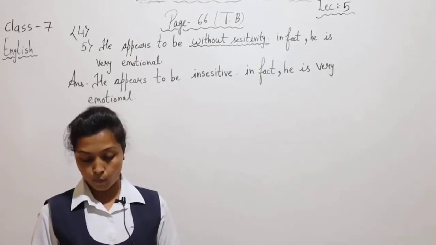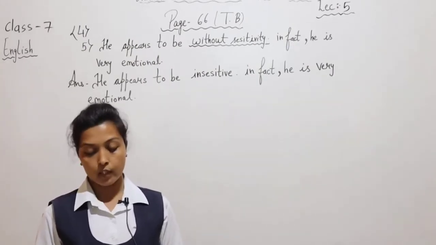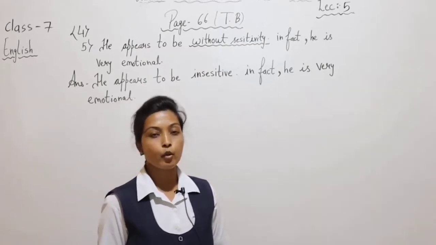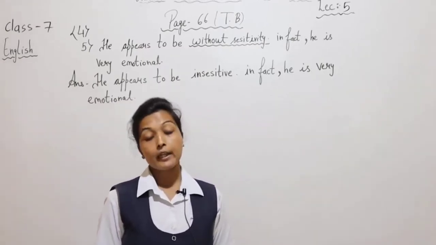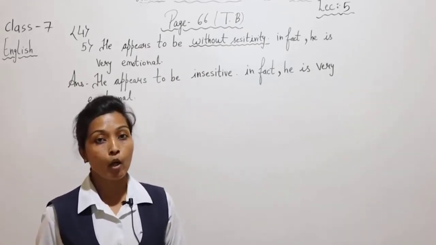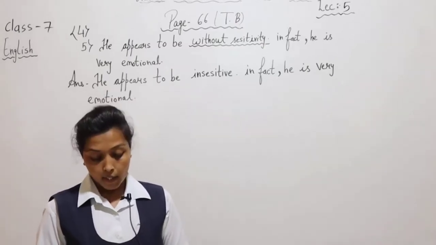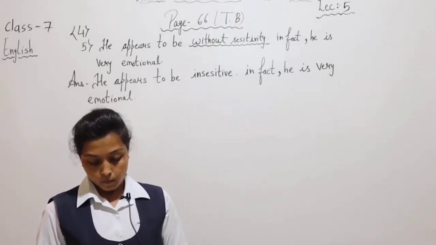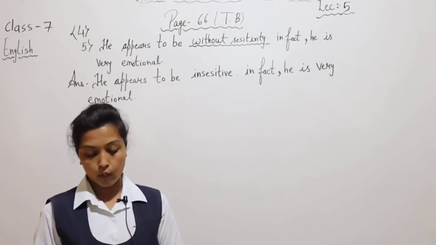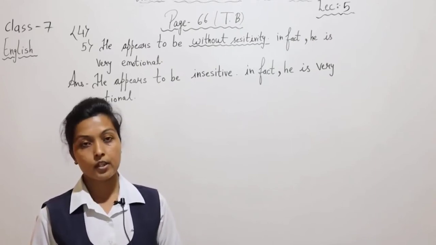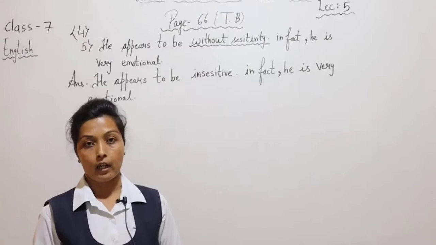An is used before a word that begins with a vowel. Yes, we know this, in grammar also we learn about this. Yes: a boy, a mango, a university, an actor, an apple, an hour.